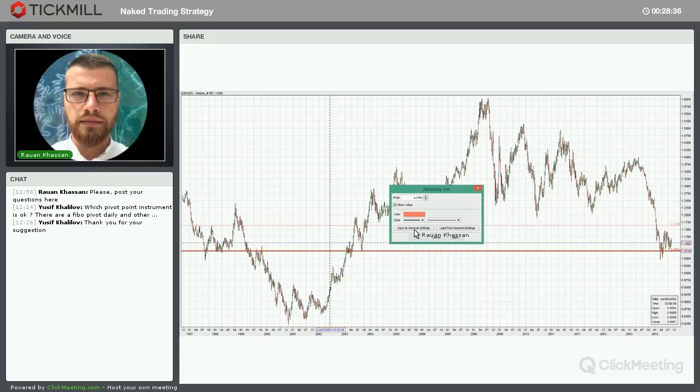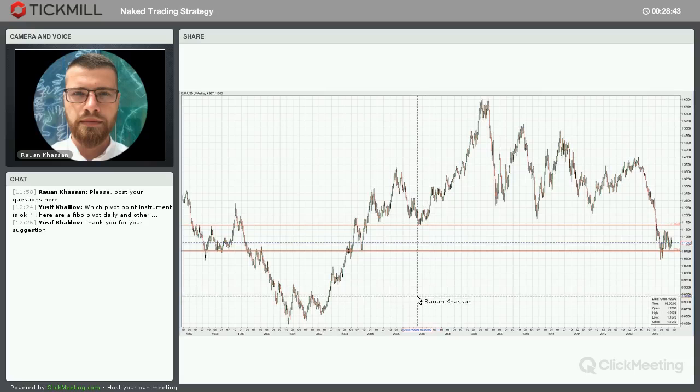So basically both levels are having a historical background of 18 years. So in case you are trading euro-dollar currency instrument, I definitely recommend you to remember both of these levels.